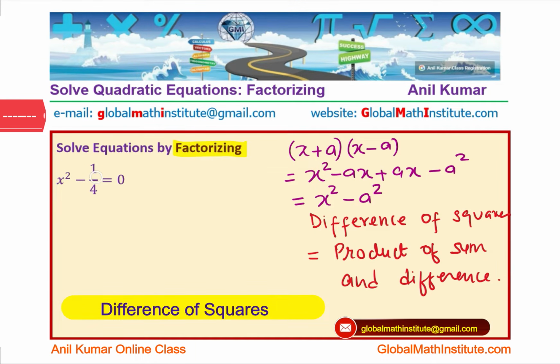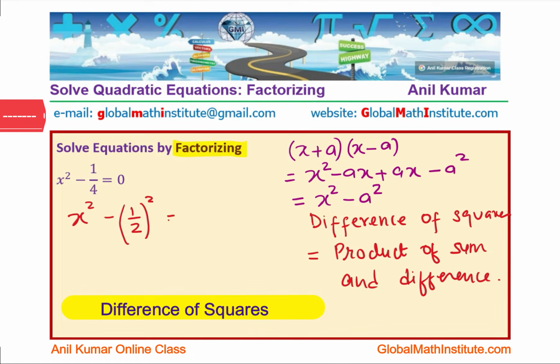So looking into this, x squared minus 1 over 4. 1 over 4, can you identify this as a square of a number? Well, it is. You could write this as x squared minus half square. You see that? As soon as you write like this, you can actually factorize and get your answer.